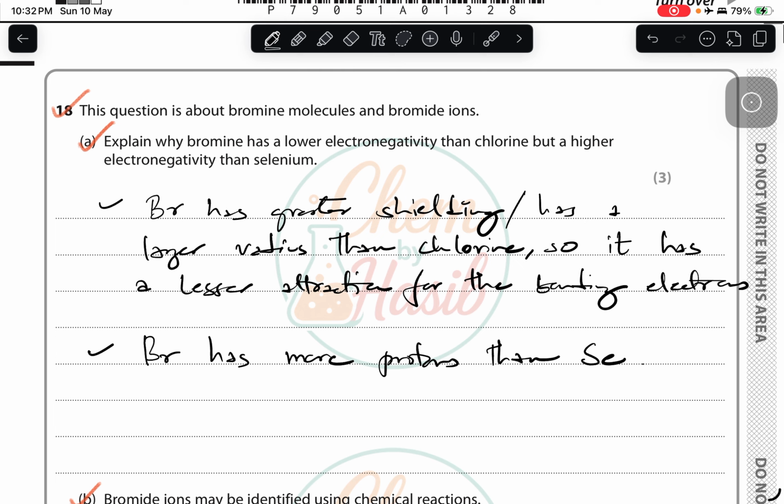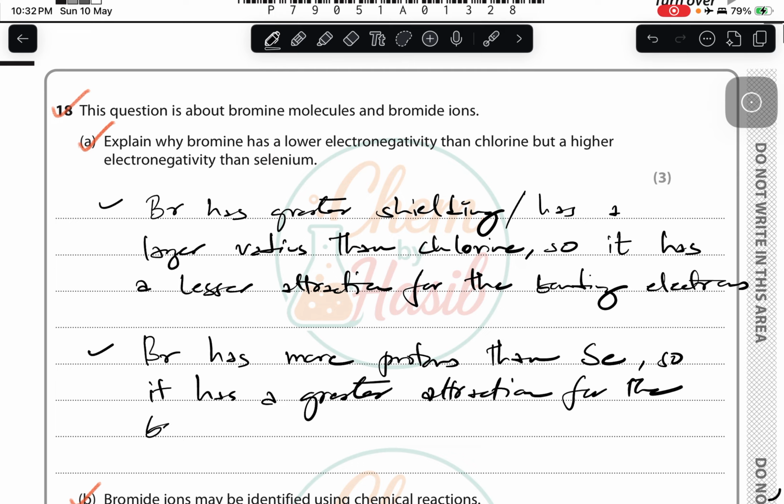So it has a greater attraction for the bonding electrons.